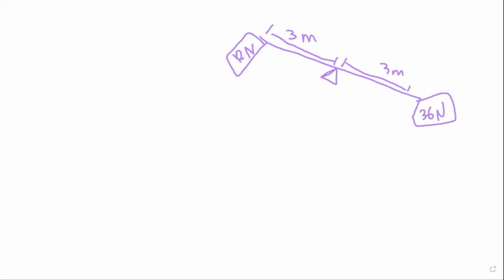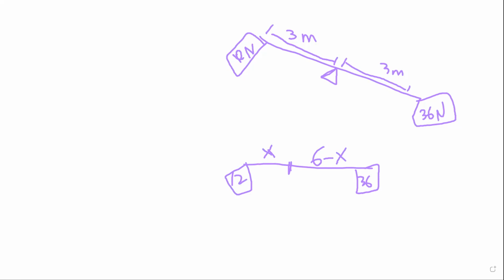Let's imagine that one weight is 12, the other is 36, and if this distance is x, the other will be 6 minus x.